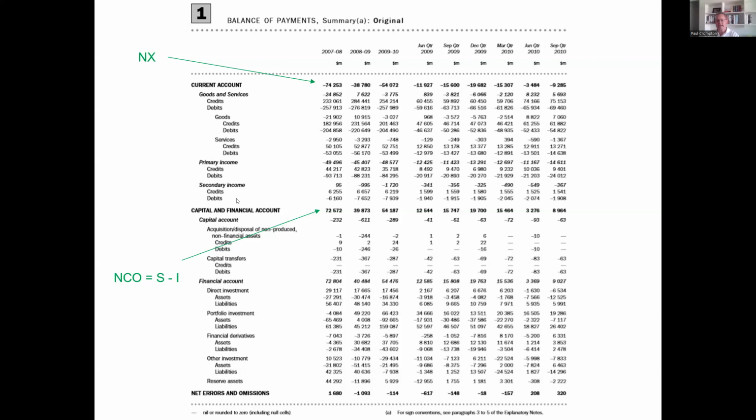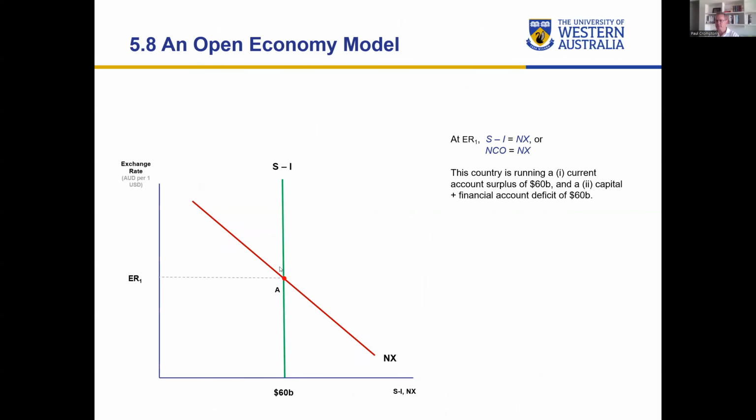Well, we're going to connect this balance of payments with this model. In this model, we've got 2 curves or 2 economic variables. The first is S minus I, and the second is NX. So 2 variables in the model, and we move the lines back and forward, just like we do in a demand and supply diagram. And we look at what happens to the exchange rate and how net exports change.